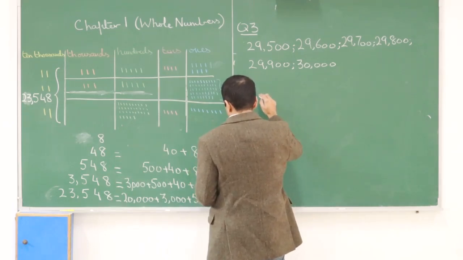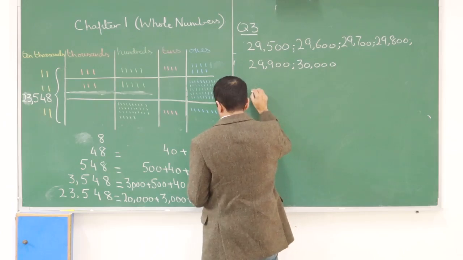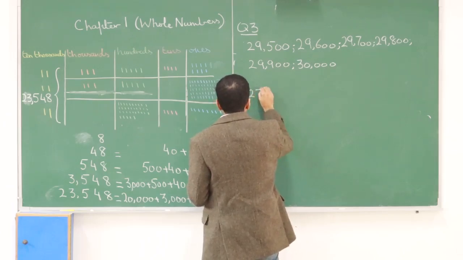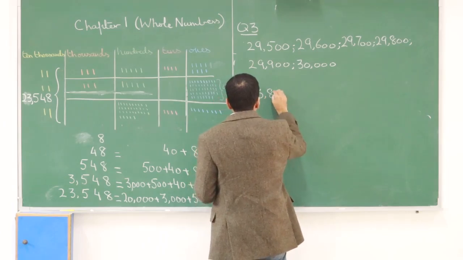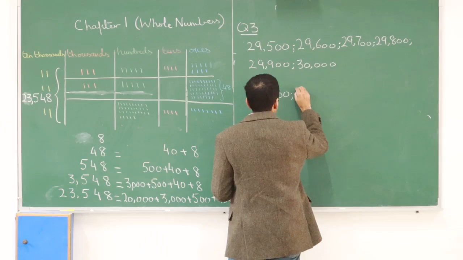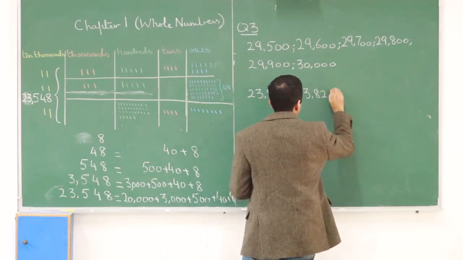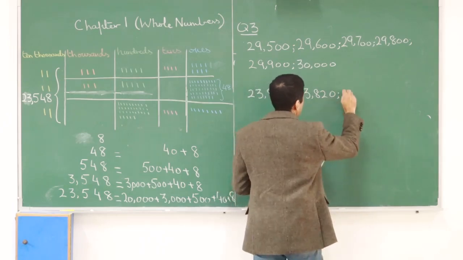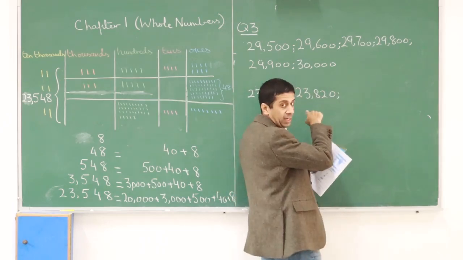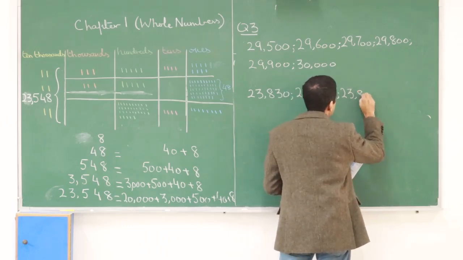What about, so let's look at this other case, which is 23,830, 23,820. What's the next one? 23,800. 23,810. 810 is done. Oh, sorry. I didn't write it.